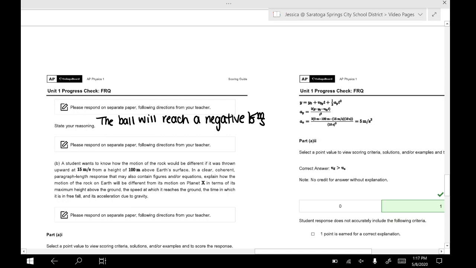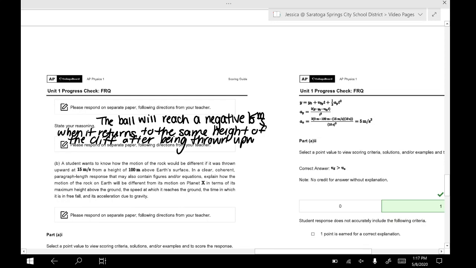We'll reach a negative 15 meters a second when it returns to the same height of the cliff after being thrown upwards.